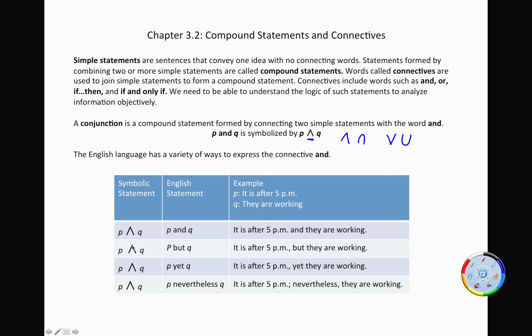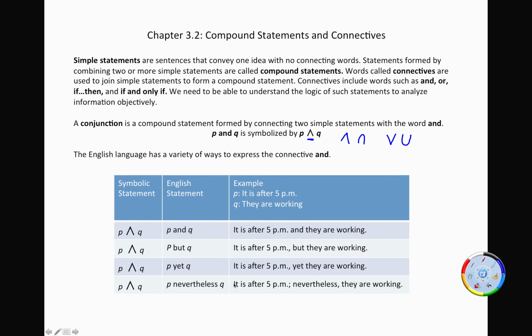So notice the symbolic statement is all the same. But in English, we can say P and Q, P but Q, P yet Q, and P nevertheless Q. Here's some examples. It is after 5 p.m. and they are working. It is after 5 p.m. but they are working. It is after 5 p.m. yet they are working.